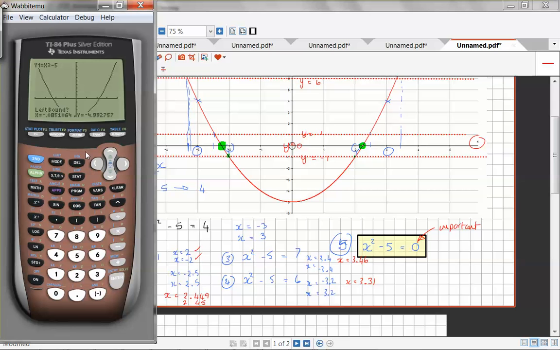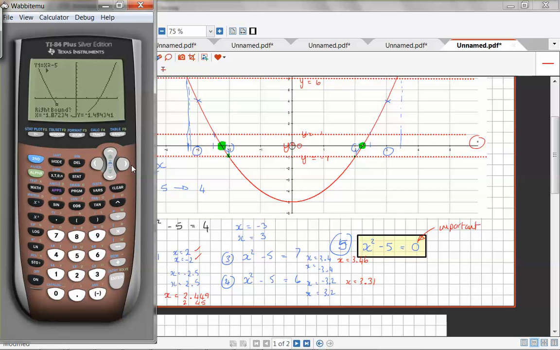Because there is only one curve, we have to go left and right. So for the left bound, I'm going to move my cursor until it is to the left of that point. Doesn't matter where, just to the left of it. I press enter, and you'll notice it puts a little arrow. Then it says right bound. So what do you think I do? Go to the right.